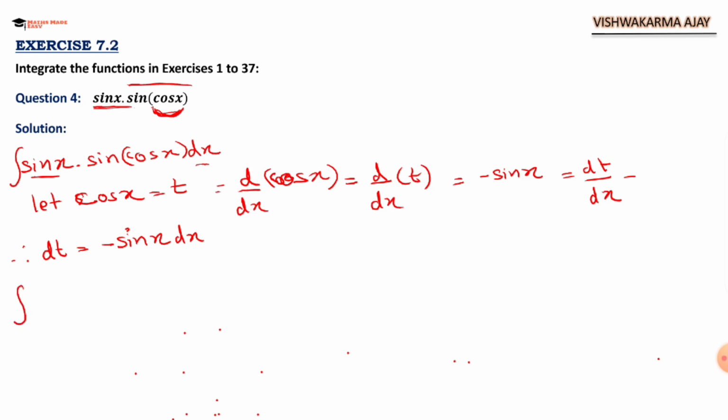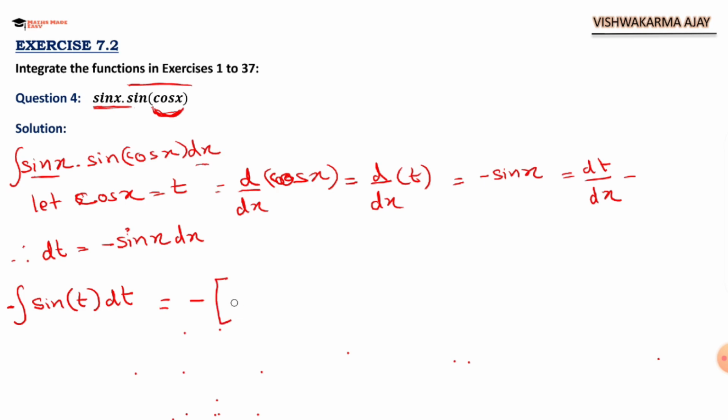So our question will look like this: sine t dt with negative sign. Integration of sin t is cos t. Since the result is cos or something with c, you can put negative sign there directly.